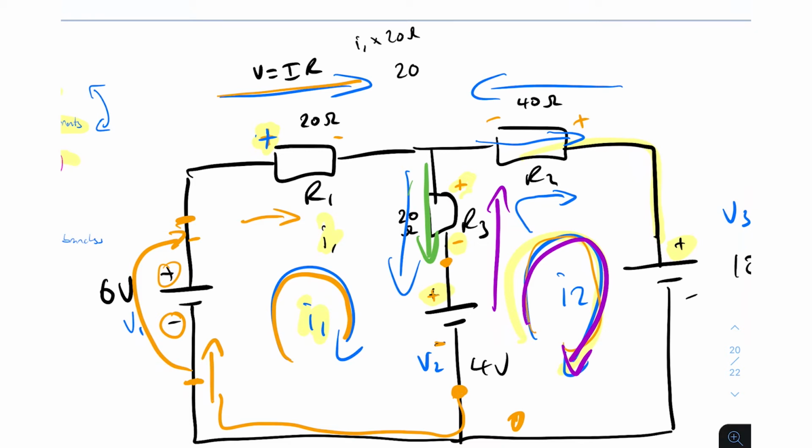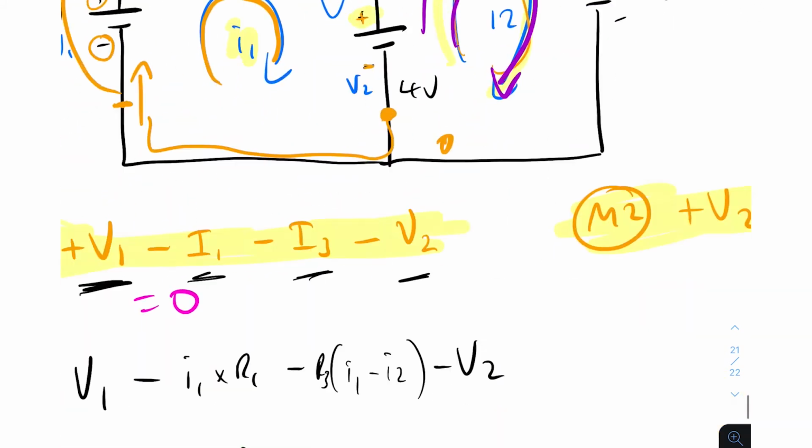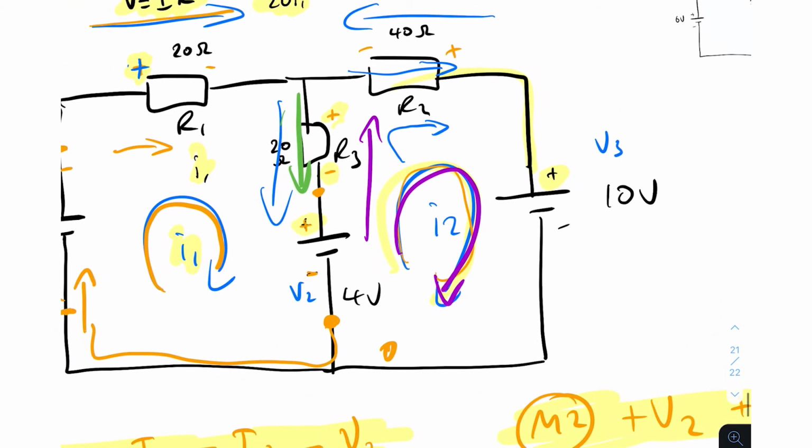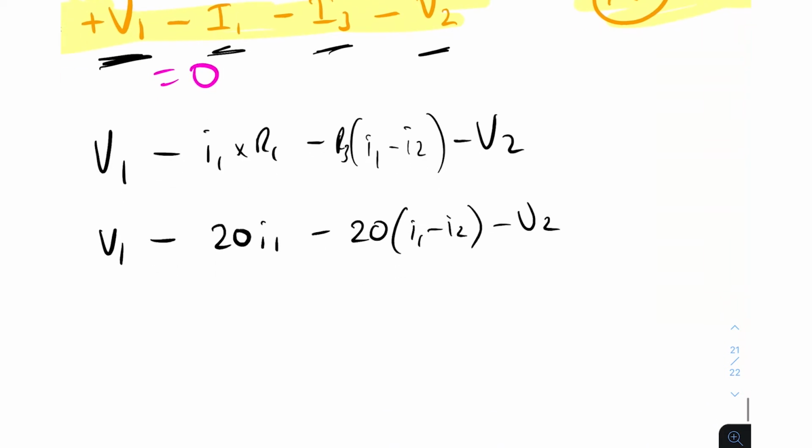So we could say it's 20 I1. This voltage here is equal to 20 I1, so this is what we're going to write down here. So here we're going to have V1 minus 20 I1, and then minus the value of R3, which is 20, times I1 minus I2, and then minus V2 as well.